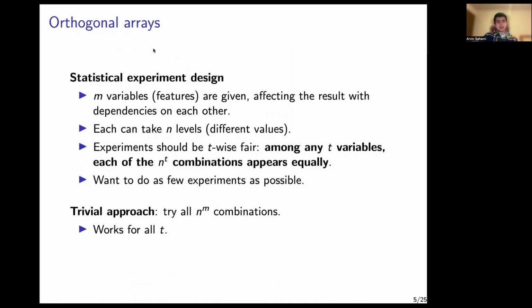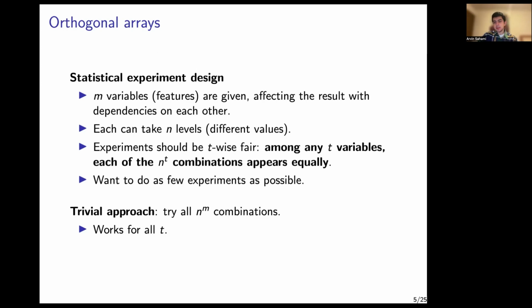So let's define an orthogonal array. In the context of statistical experiment design, you have m variables or features, and you also have n different levels. And then you want to design experiments that are t-wise fair.